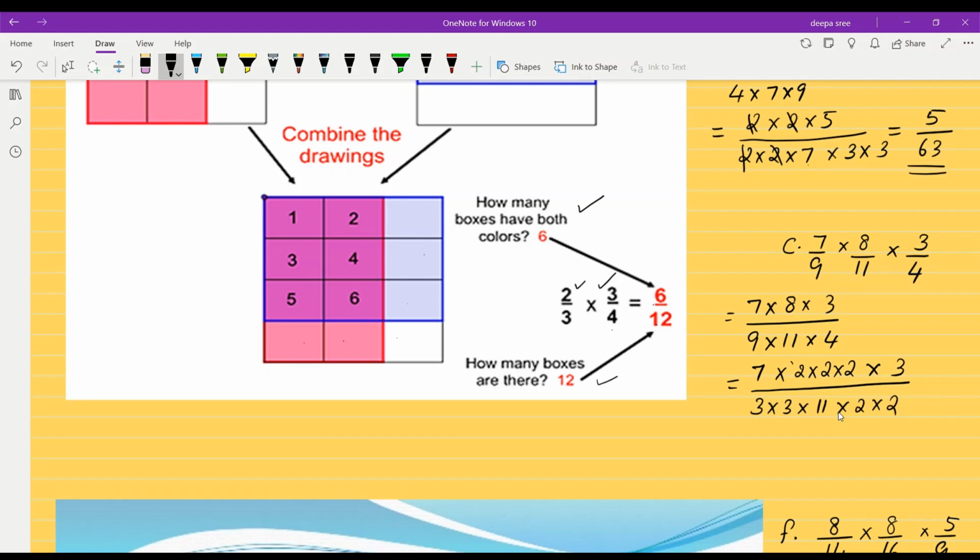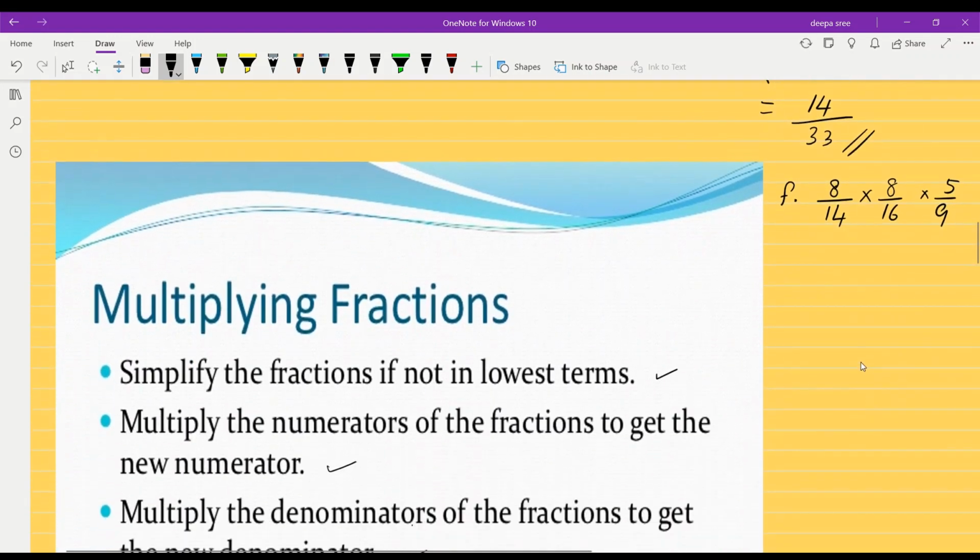Now we can cancel 2, again one more 2, 1 3. Now 7 into 2 is 14 divided by 3 into 11, 33. So it is a proper fraction, so we cannot do any further simplification.